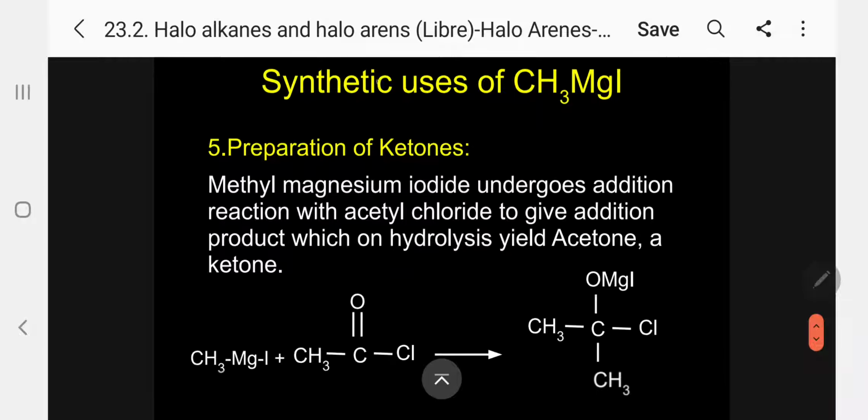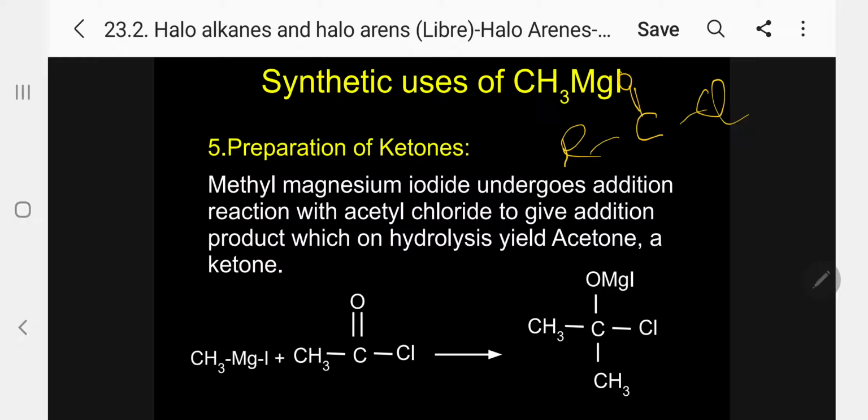Now, preparation of ketones. As usual, for a ketone we need only the C double bond O group. Kindly follow. It may be R, an alkyl part or aryl part. It may be anything. So this reagent you have to take in the form of a halide. Please follow. If it is aliphatic, you take acetyl chloride.